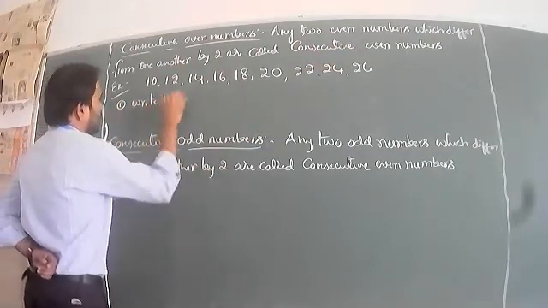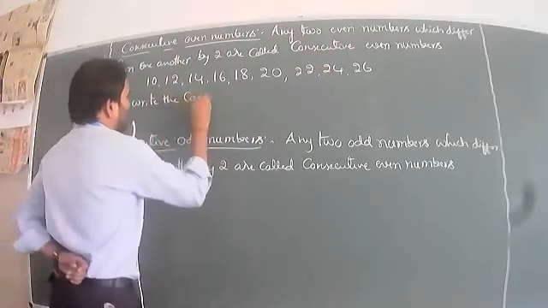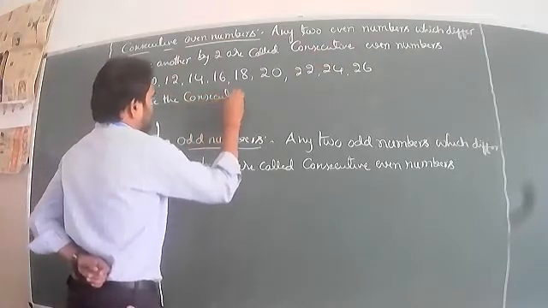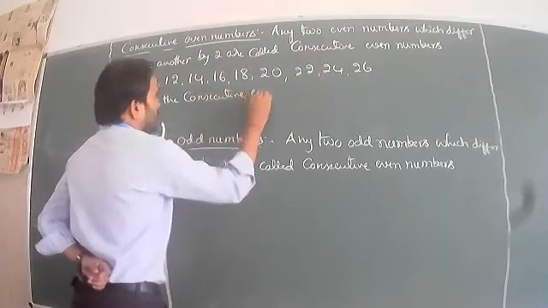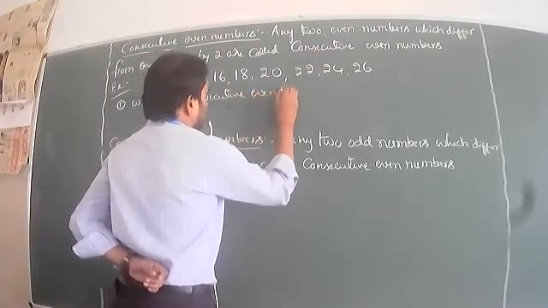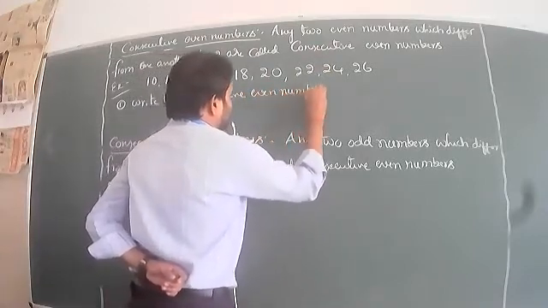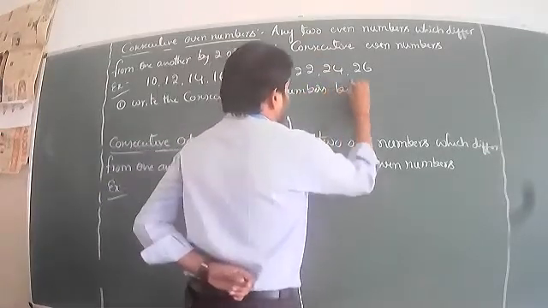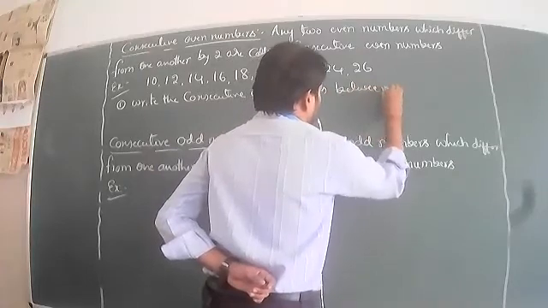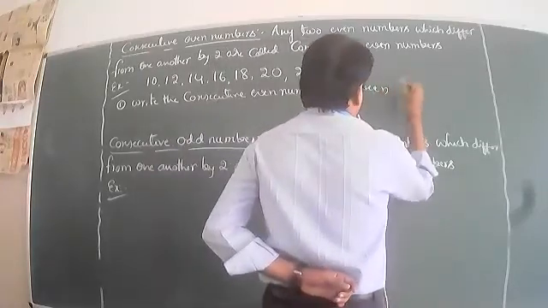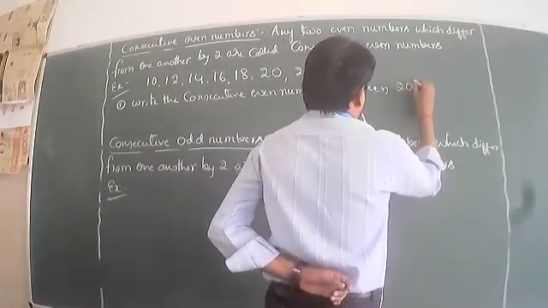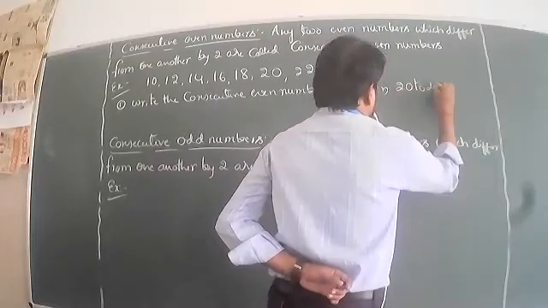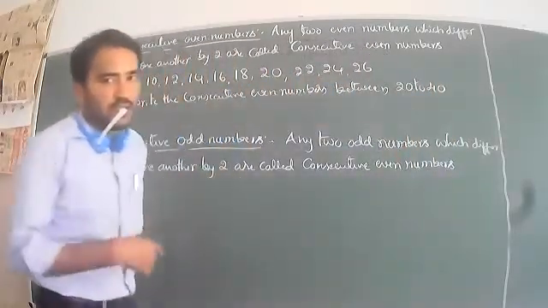Write the consecutive even numbers between 20 and 40.